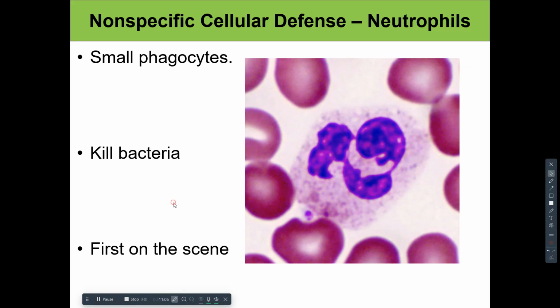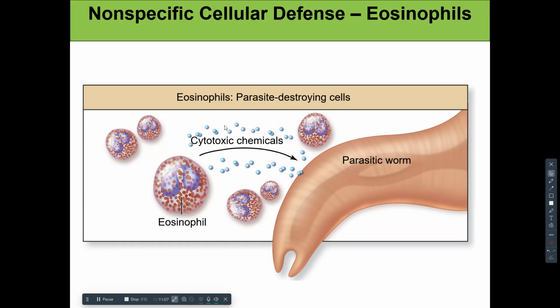Now, another white blood cell which we met previously, who belongs to this non-specific group, are the eosinophils, which we know are adapted to try to destroy parasitic worms, multicellular invaders. Their orangish granules are chock full of cytotoxic chemicals that are going to be released upon any multicellular invader.